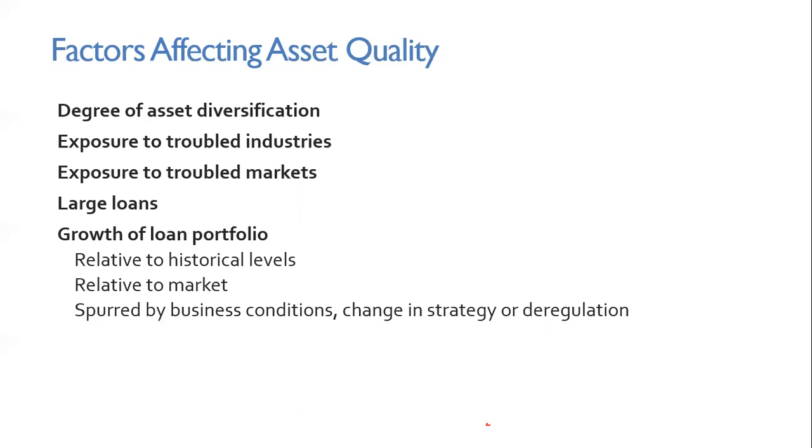Okay? Exposure to troubled industries. Kung nagpapautang ka sa mining nung time ni Gina Lopez nung 2016 or 2017 in DENR, troubled industry yun during that time kasi sinuspend niya lahat ng mining contracts. Right? So exposure to a troubled industry increases the probability of default, and so therefore, decreases asset quality.